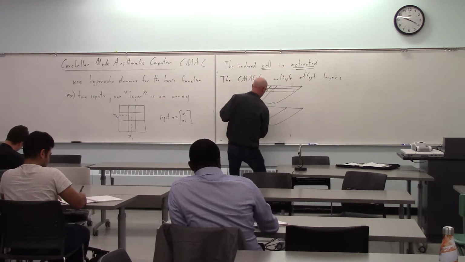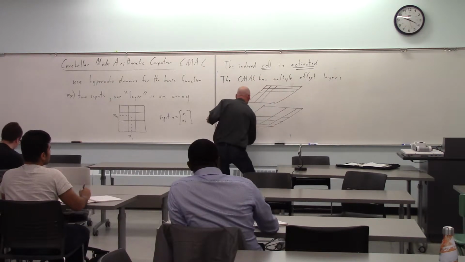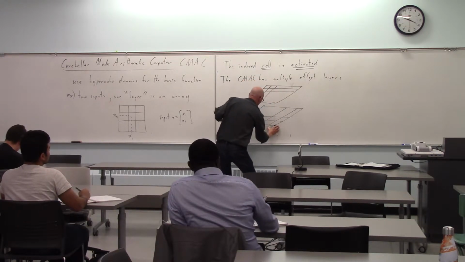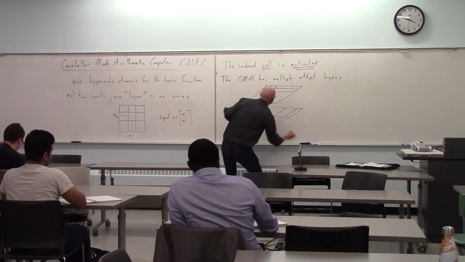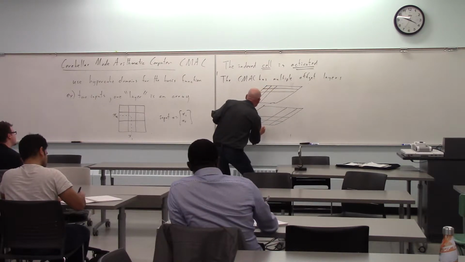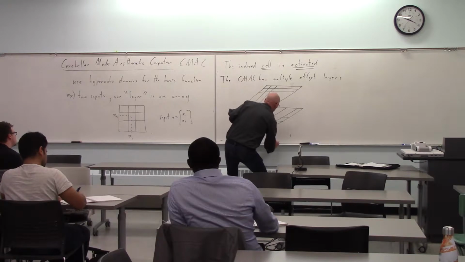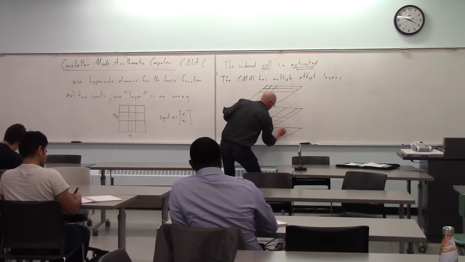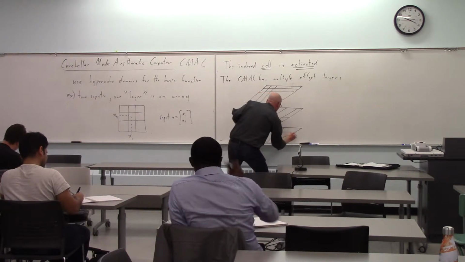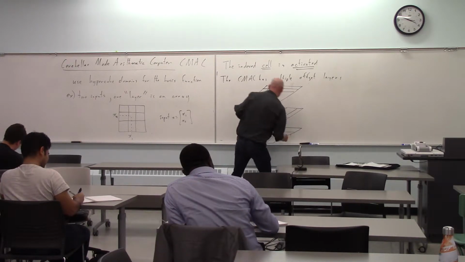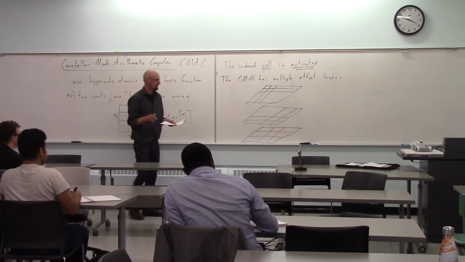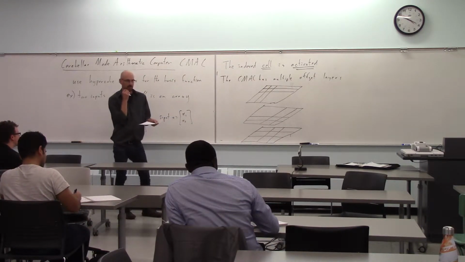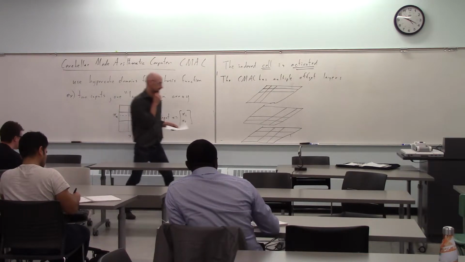So let's make this one way over here. Hopefully it's obvious among those three layers I just drew that those hypercubes all have different domains. They're all shifted, okay?